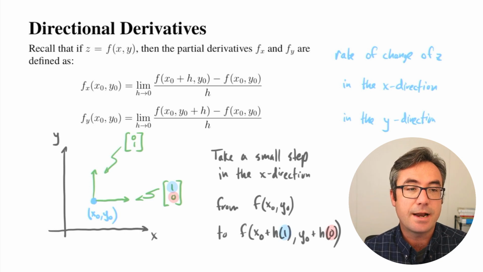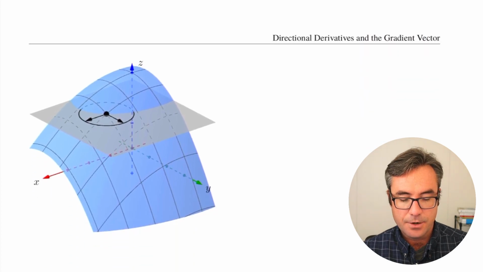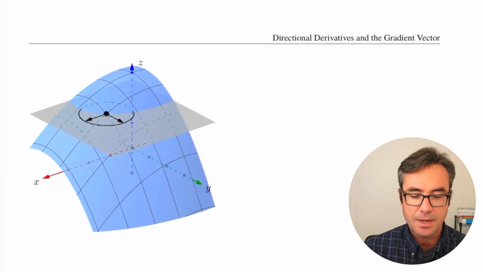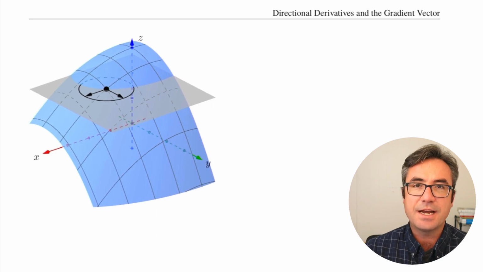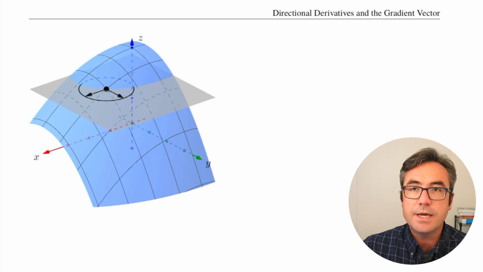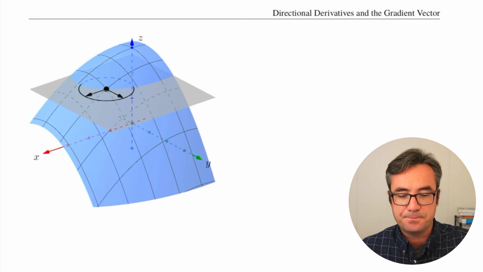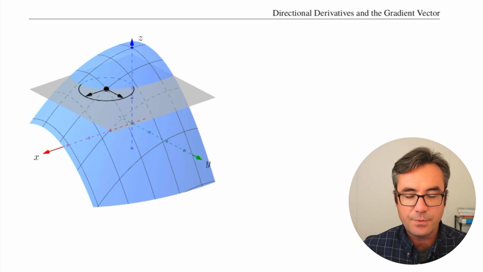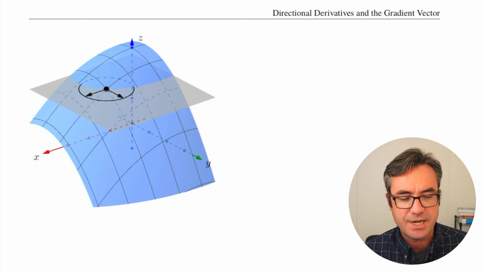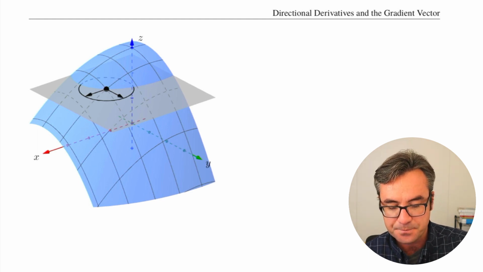So let's take a look at our directional derivative. And the setup for this is we're looking at the change in our function if we go in an arbitrary direction. So we have some options here if we're standing at a point P on our graph.